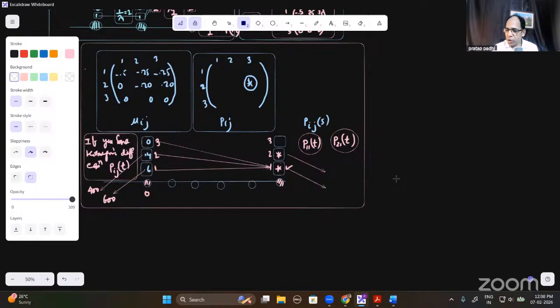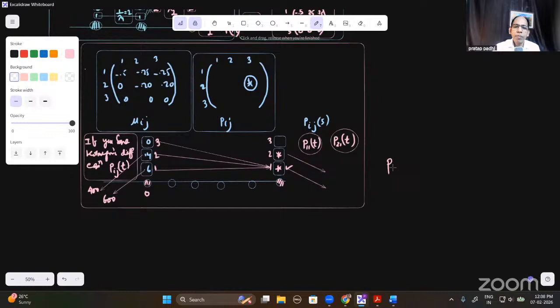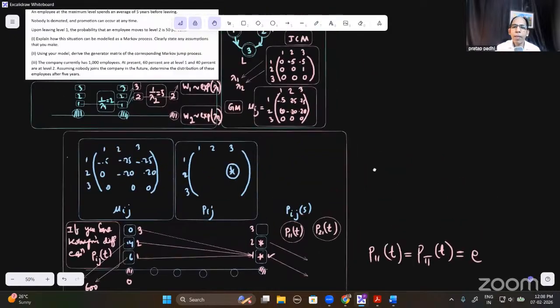P11(t) will be equal to P11 bar(t), that is the E integration formula: E power minus the summation of mu ij, how many are going out of 1. If you go to the state diagram, you see how many are going out of 1.